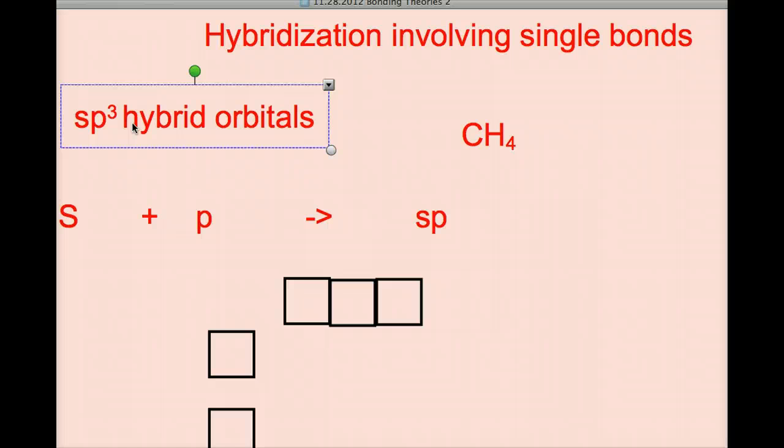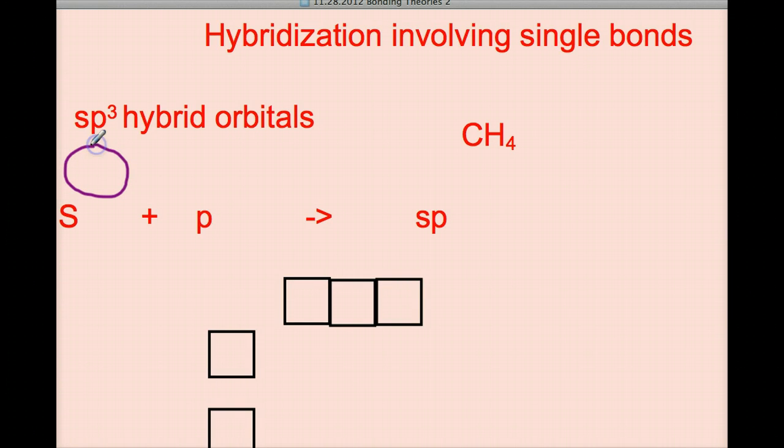Just to recall, an s orbital is the shape of a sphere, and let's use our px orbital, our first p orbital. We know that our px orbital has the shape of an infinity sign on its side.